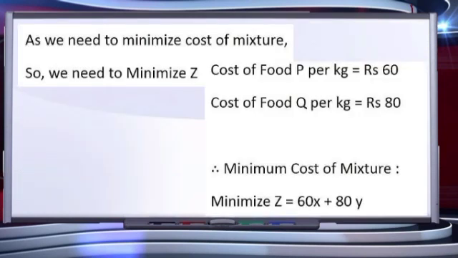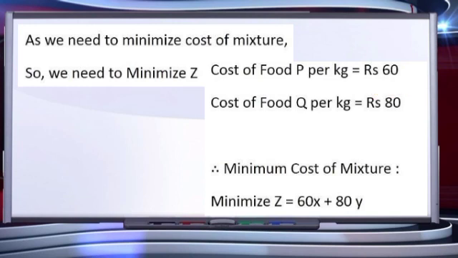Next, in the question it was given that we need to minimize the cost of the mixture. So if we consider the cost as Z, we need to minimize Z. Now the cost of food type P per kg is given as 60 and that of food type Q is given as 80.